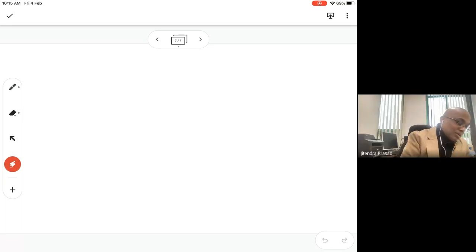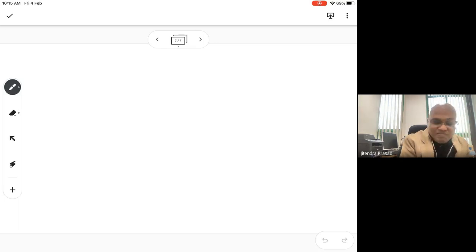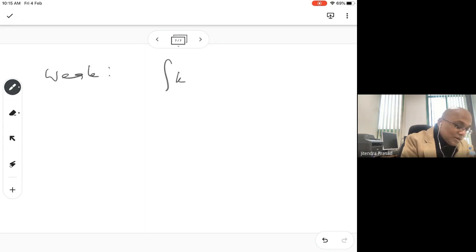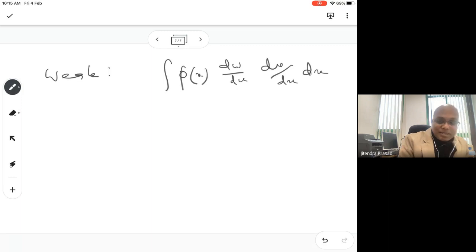Okay, so see, wherever you are, whether you are working from the weak formulation, where you will get this kind of form, you will have some constant or some functions of x, and then you have dw over dx, then du over dx, dx over the domain.